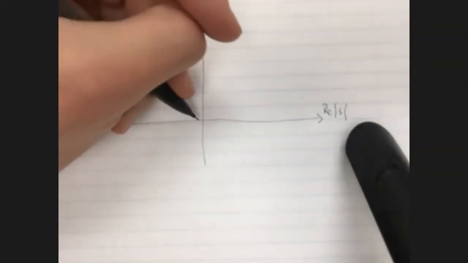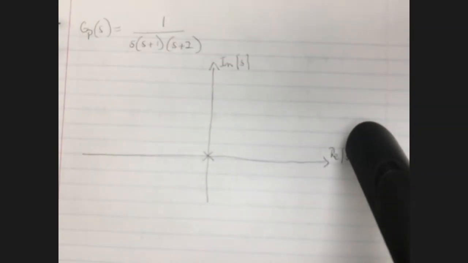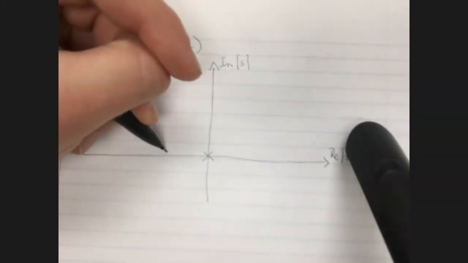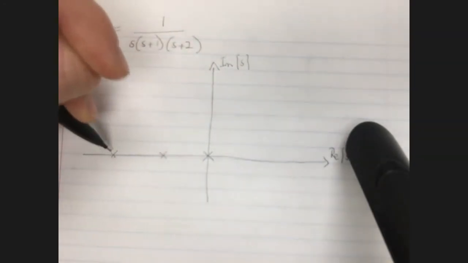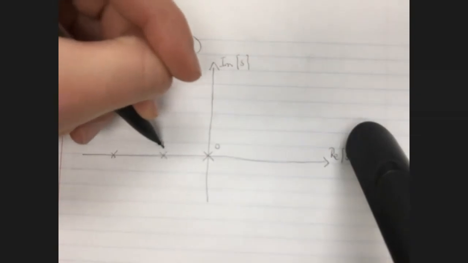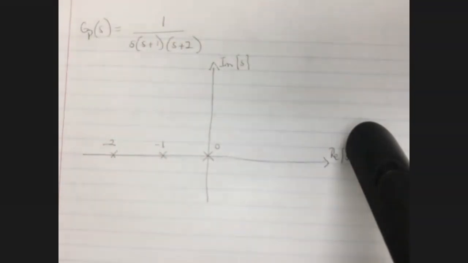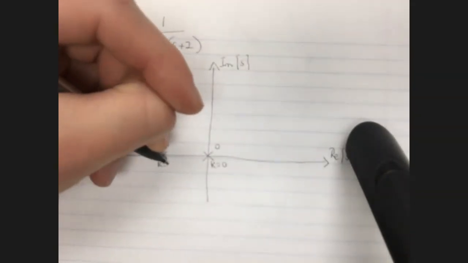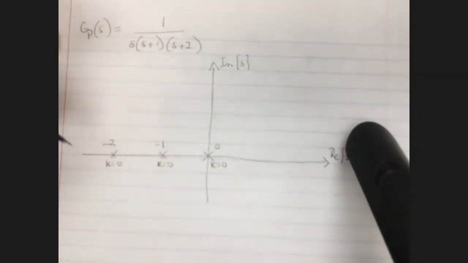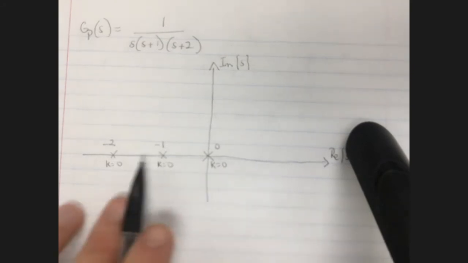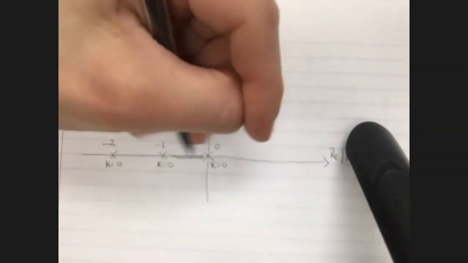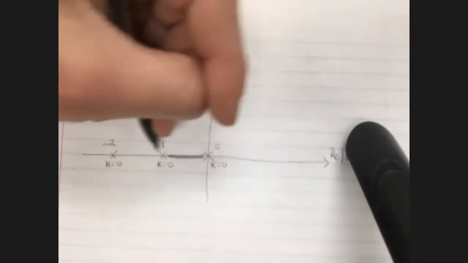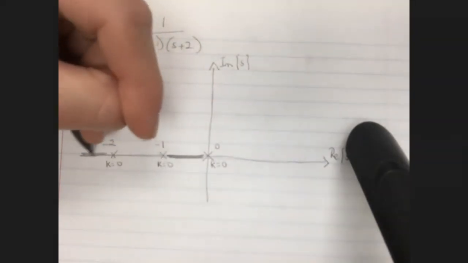And we begin by marking the location of the closed loop poles and zeros. Here we've got no zeros, but we've got those 3 poles: 0, -1, -2. We know that that starts k equals 0. That's where we start. Then we can move right to left, filling in the areas of interest. This is blank, and this gets filled in.